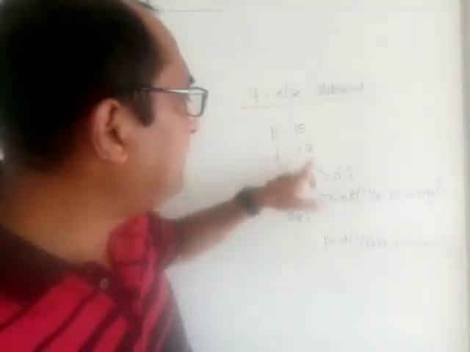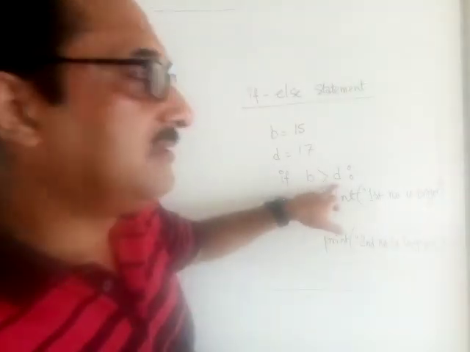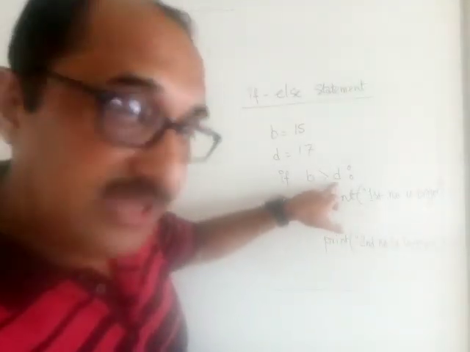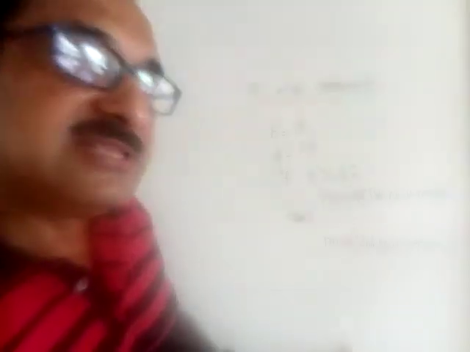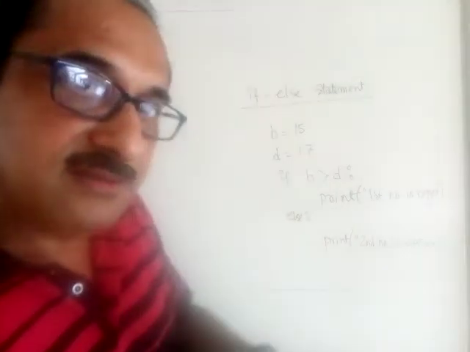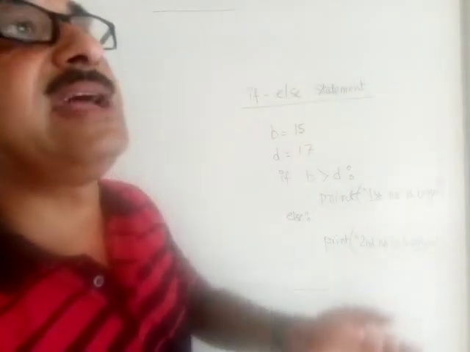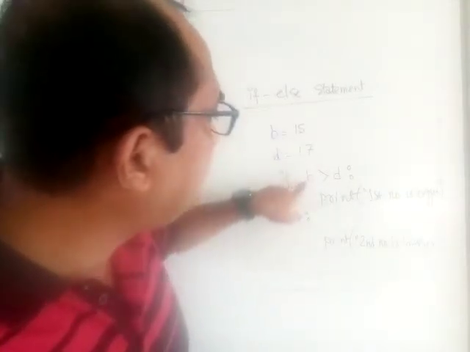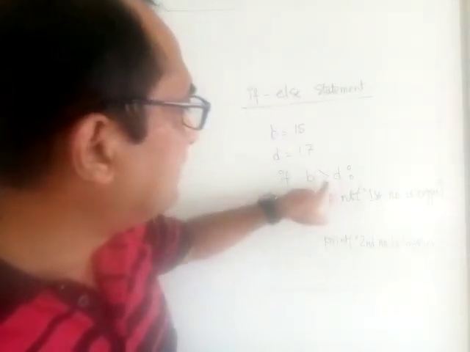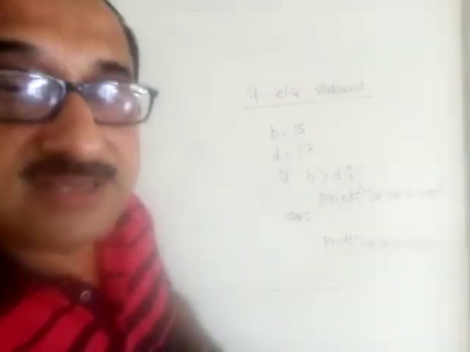If the condition, the way you wrote it, b greater than d, happens, then we say the condition is satisfied. If it doesn't happen, then we say the condition has not been satisfied. In this case, b is 15 and d is 17, so the condition is not satisfied because 15 is not greater than 17.